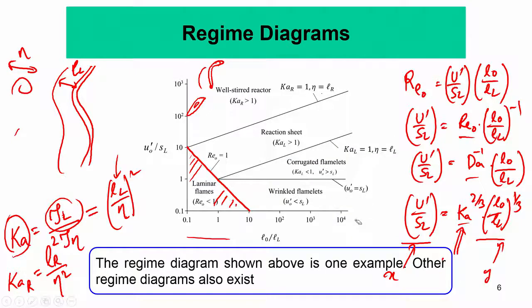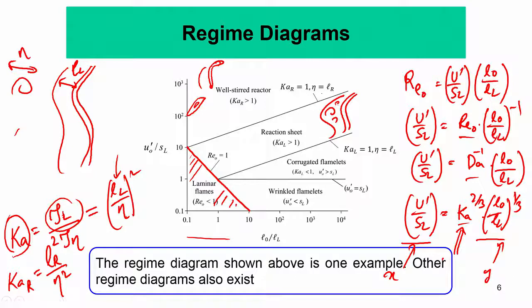Here, turbulent combustion in the gas turbine or SI engine happens basically in this reaction sheet limit, which means, why do we call it the reaction sheet limit? We call it reaction sheet limit because in this structure the Kolmogorov eddies can distort the preheat zone thickness.